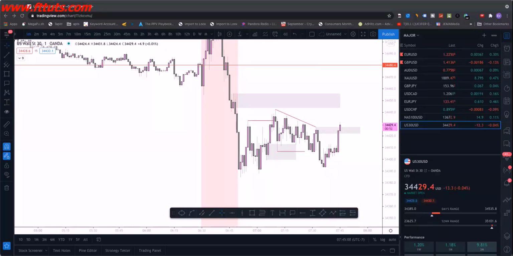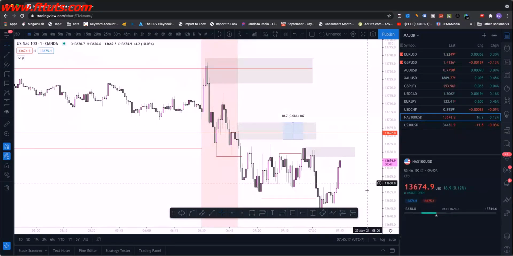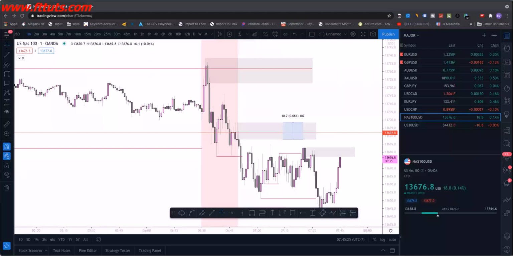Small loss. Now Naz is entering here. On MT4, it actually hit this, so we're good. Remove my stop loss. Stop loss is right above this high.